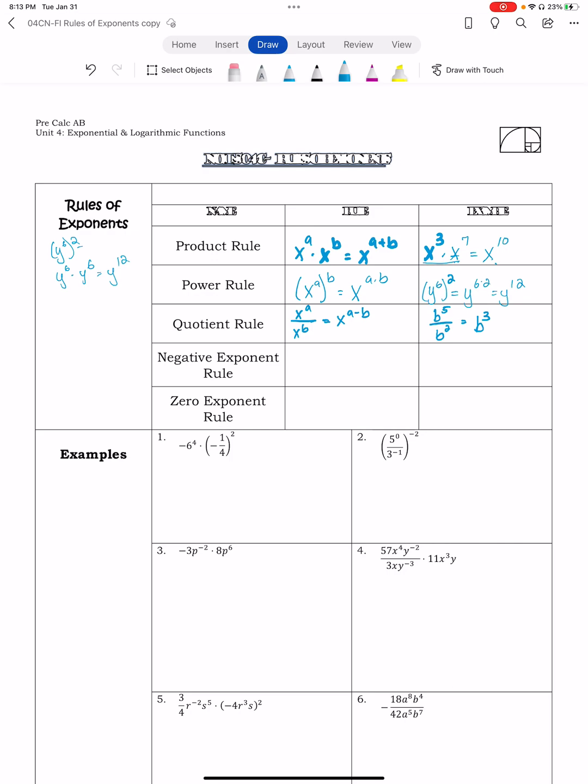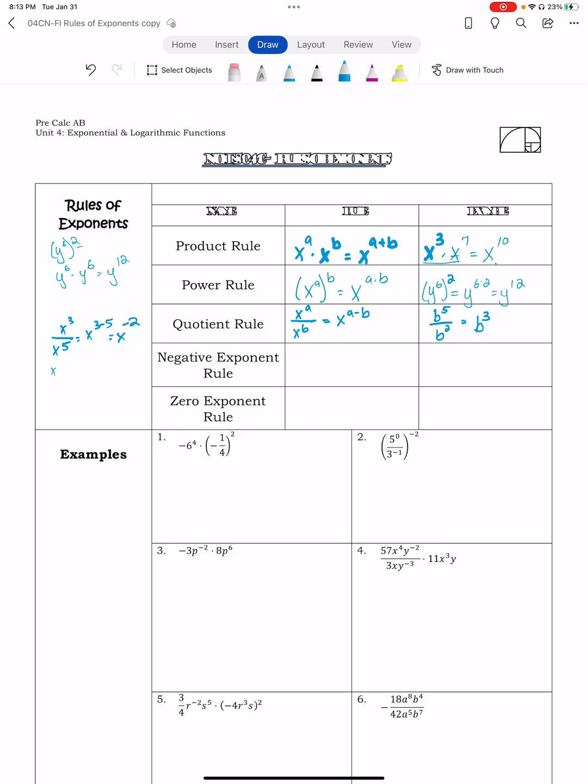Our next one is our negative exponent rule, which makes perfect sense. It follows our quotient rule. If I have something like x to the 3rd over x to the 5th, I know that that's going to be x to the 3 minus 5, which is x to the negative 2.